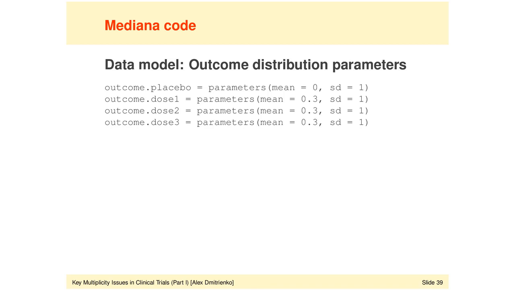And you can see here that those 4 objects correspond directly to the assumptions that we made on slide 38. Specifically, the common standard deviation is equal to 1, and the first parameter, mean, is equal to 0 in the placebo sample, and it's equal to 0.3 in all of the other samples within this data model.